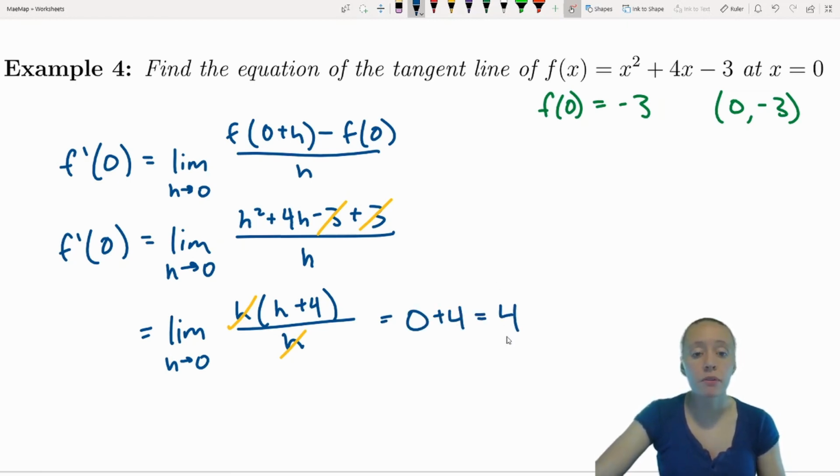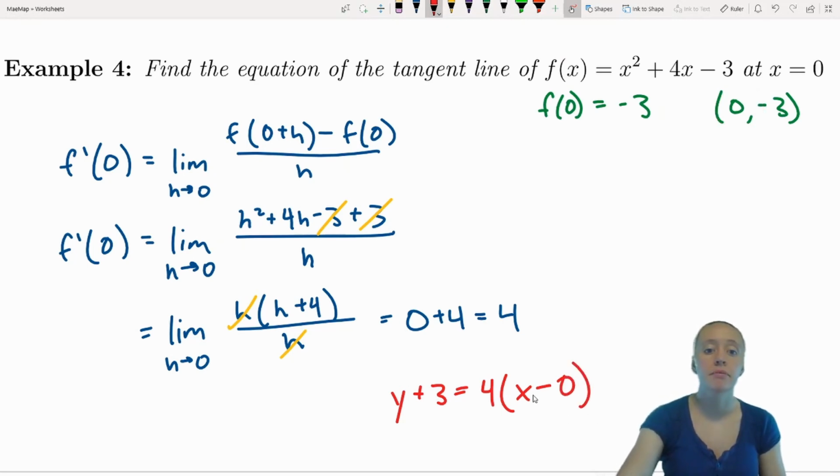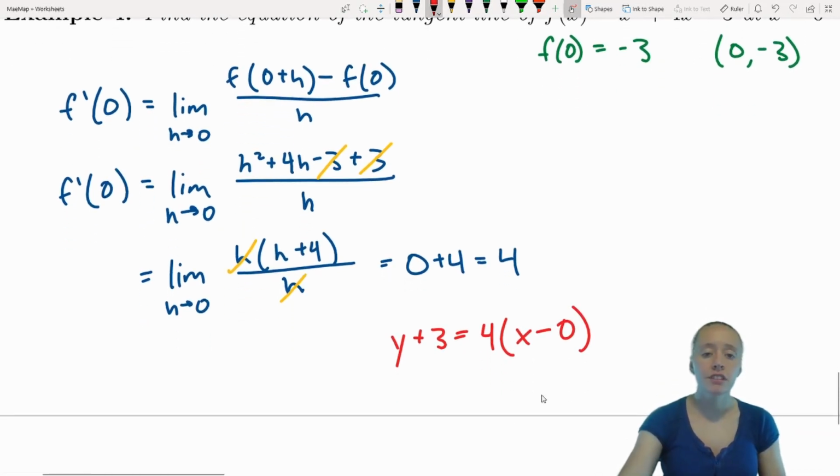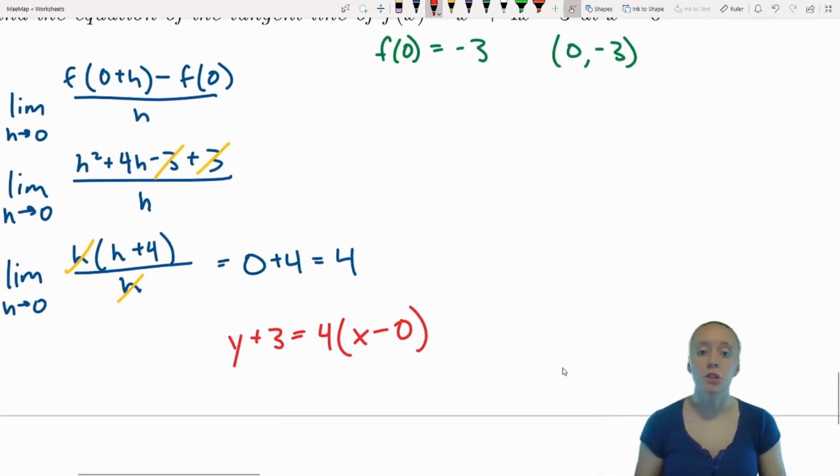So I have a slope of 4 and a point of 0, negative 3. Let's write that equation of the tangent line. y minus y1, so that's going to be y plus 3 equals our slope of 4 times x minus x1, x minus 0. And for fun, let's simplify this down and write it in slope intercept form.